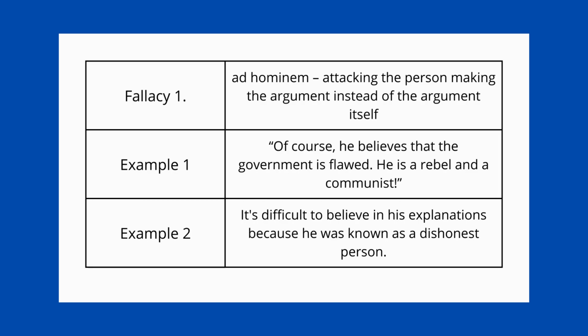In the two examples, it is evident that both arguments are attacking another person directly, and the focus of the attack is not on the points made by the arguer, but on the arguer himself or herself. That is ad hominem.